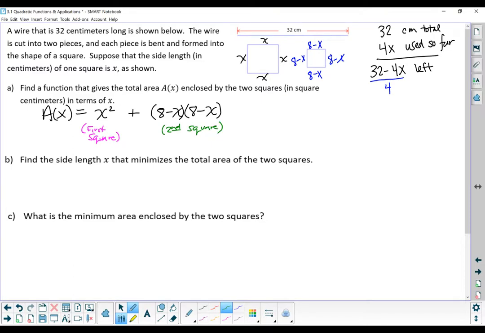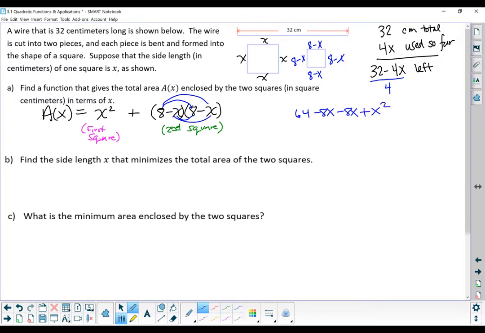So we want to combine this into standard form so that we can calculate the axis of symmetry to find that side length that minimizes the area. So we do need to multiply this out and then add this other x squared to it. So this gives me 64, 8 times 8. 8 times negative x is negative 8x. Another negative 8x, and then a positive x squared.